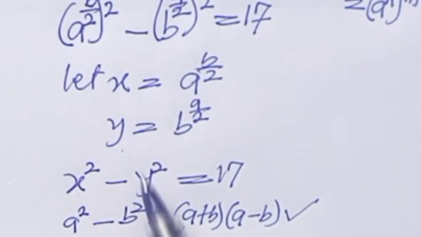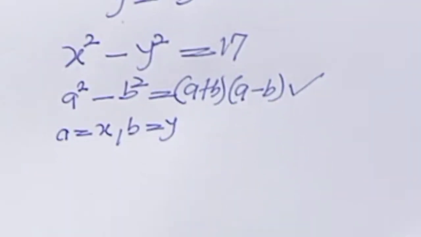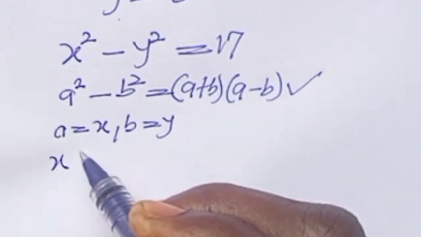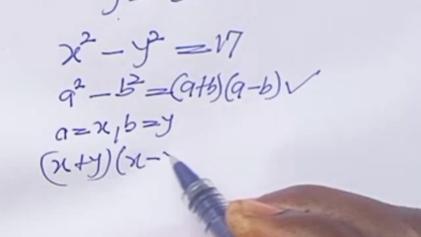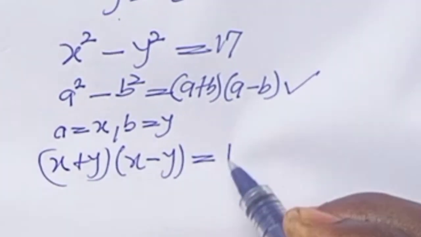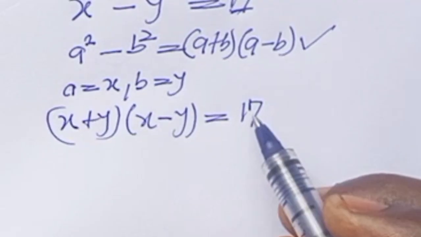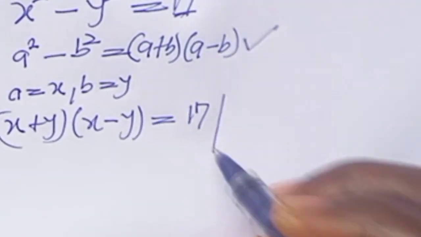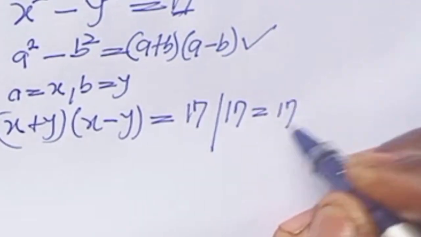So since this is in the form of this, we're going to write the equivalent in this form, that is x plus y times x minus y equals 17. This 17 is a positive number, and we can consider to write 17 as 17 times 1.